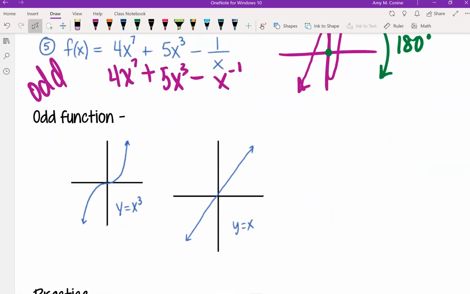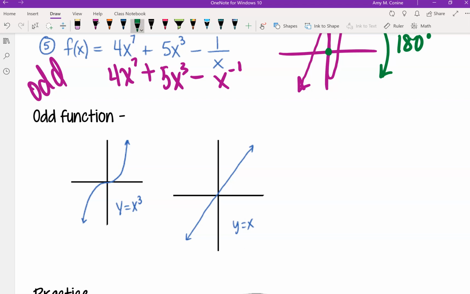But if you look at y equals x cubed, all of the exponents in the function have an odd degree, but also if you rotated this 180 degrees, doesn't matter which way, it will give you that odd function, okay? Same with y equals x, this is an x to the first, and again, if you rotate it, it does give you that odd function.